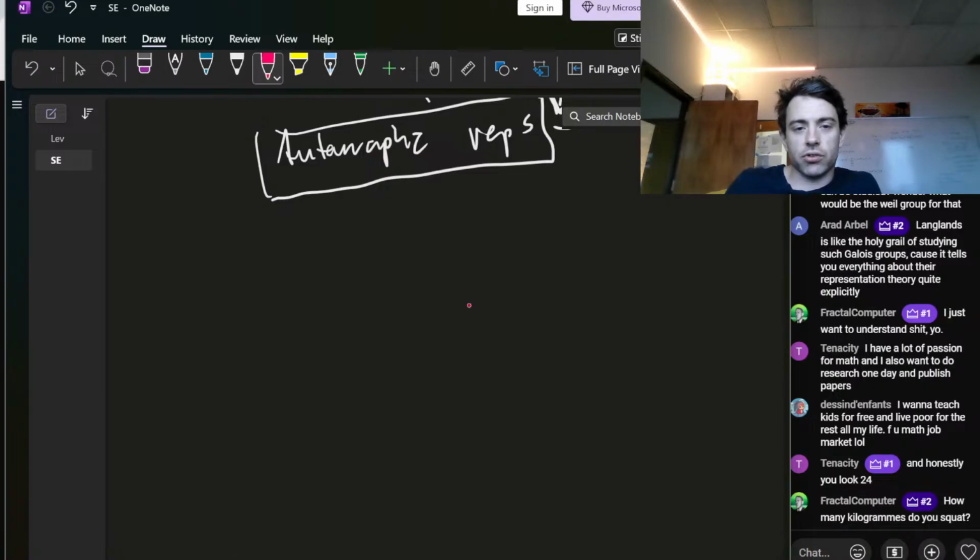You basically take an exact sequence. For each degree n, there's a unique unramified extension of Q_p of that degree. And you get an exact sequence of groups.